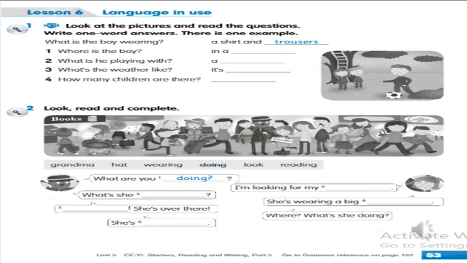Number 3. What's the weather like? Here also they used the question what. What's the weather like? Look at the weather in the picture. Is it sunny? Is it snowy? Is it rainy? Here, don't forget, we have is. And after is, we have to use the adjective, not the noun.